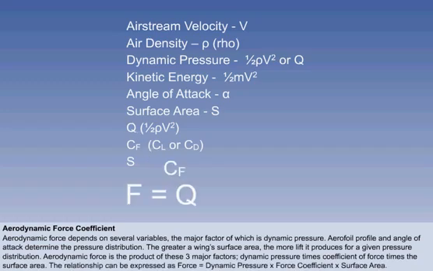The relationship of these three factors is expressed in the equation F equals Q times CF times S, where F is the aerodynamic force, either lift or drag, Q is the dynamic pressure, half rho v squared, CF is the coefficient of aerodynamic force, and S is the surface area.